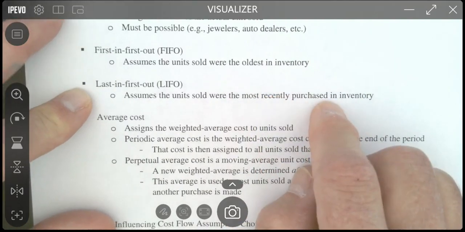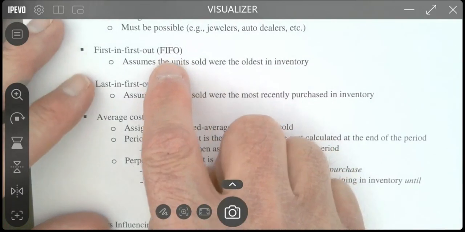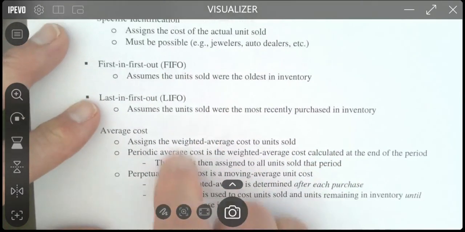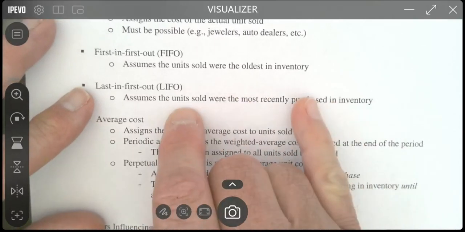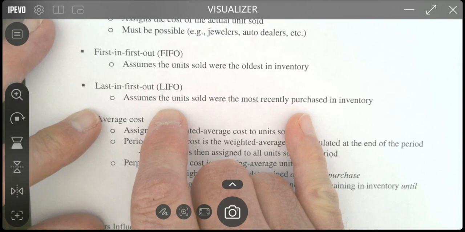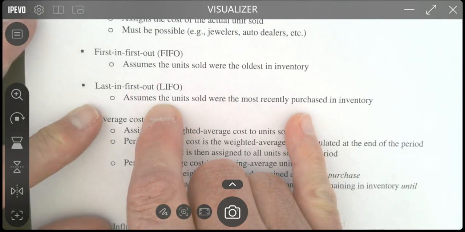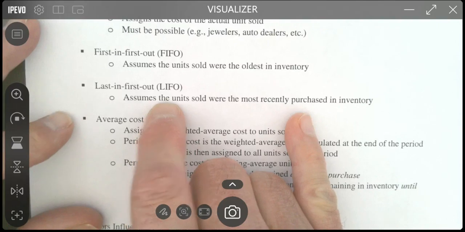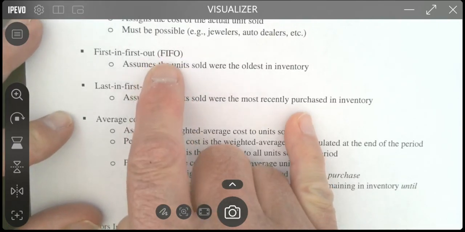Let's think about this. Now, let me preface this discussion by saying companies are able to choose among any of these without regard for the physical flow of the inventory. But for purposes of learning this deeply, let's think about when the physical flow is FIFO and when it is LIFO. Let's talk about FIFO first.